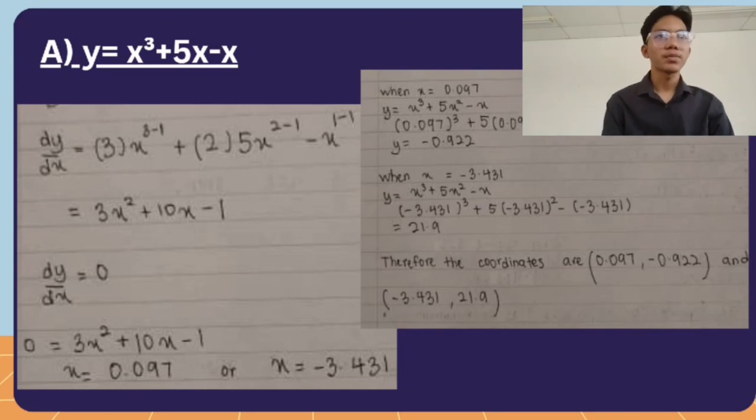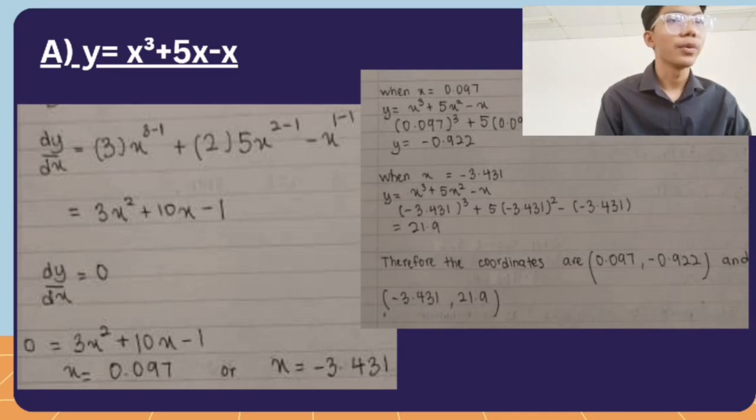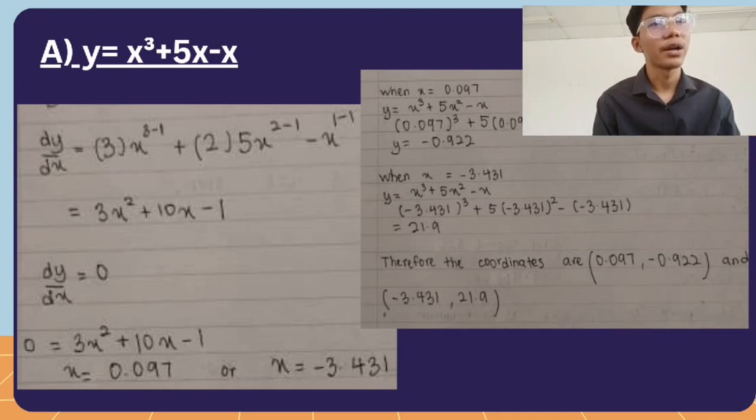When x equals 0.097, y equals x power of 3 plus 5x power of 2 minus x, and we get y equals negative 0.0922. Then when x equals negative 3.431, y equals negative 3.431 power of 3 plus 5 times negative 3.431 power of 2 minus negative 3.431, and we get 21.9.